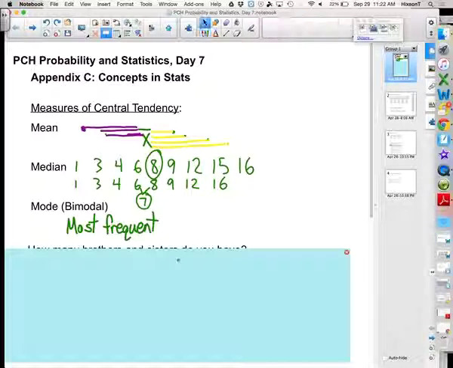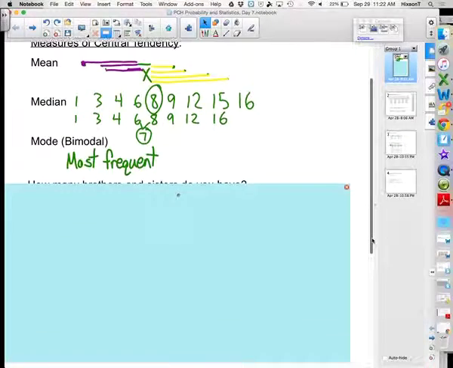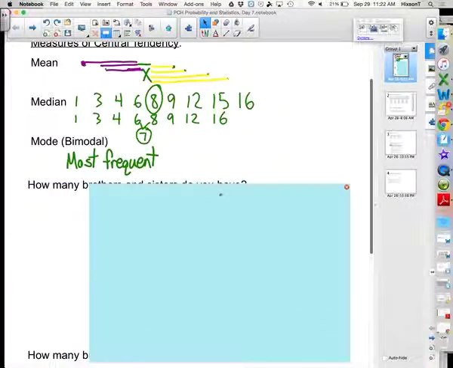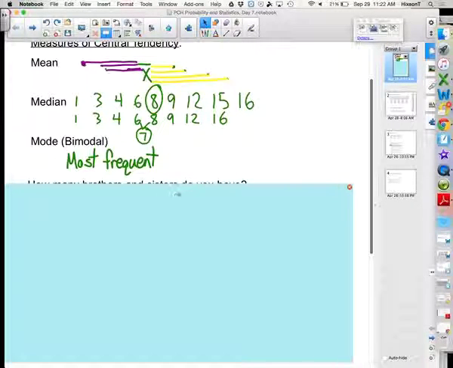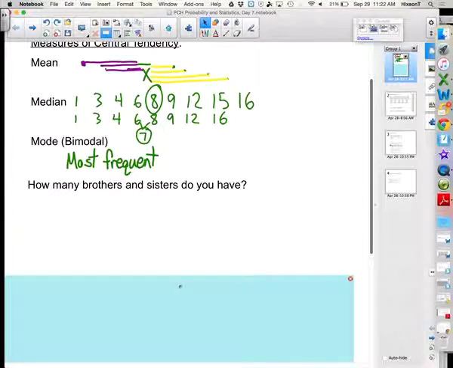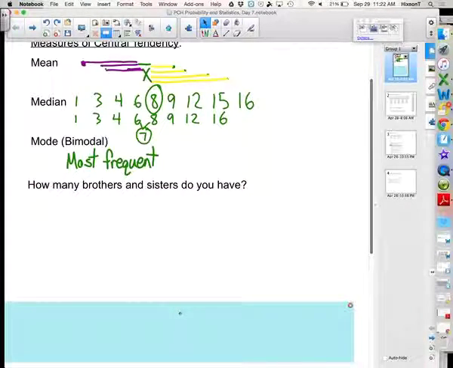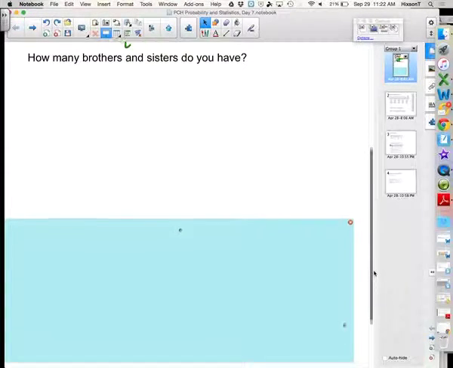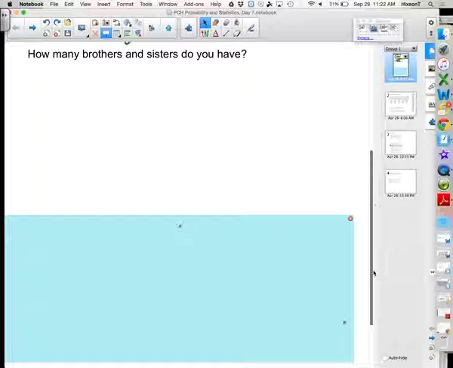Now, I want to do a quick little data collection with you. We're going to count how many siblings you folks have. And we're going to use that and just do a quick calculation of these 3.